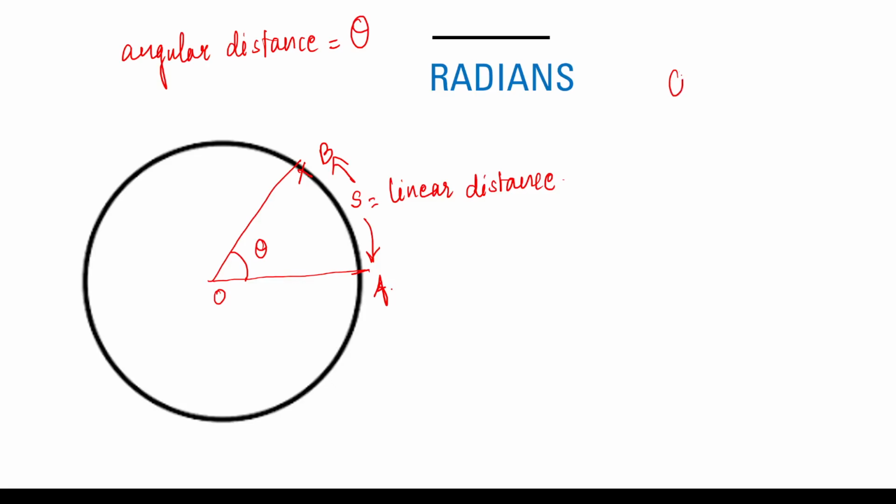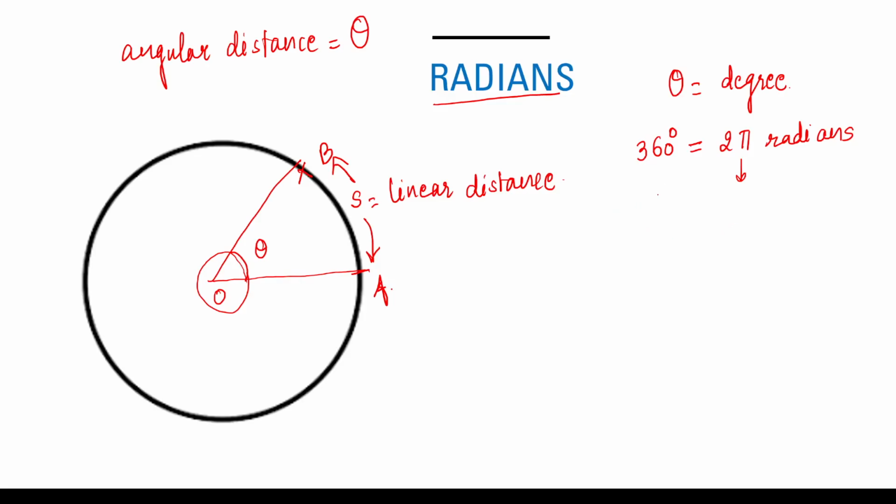Now, as you would remember, angle is measured in degrees. If you see, this entire theta here is 360 degrees. Now the standard unit for angle is radians. 360 degrees is 2 pi radians. The pi is your usual pi, 3.14 something; that's there in your calculator.